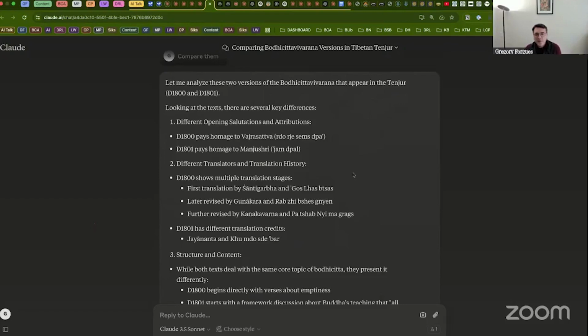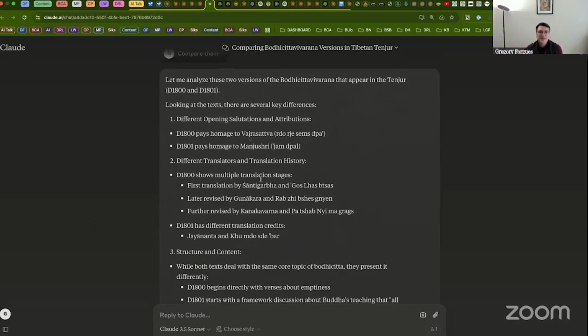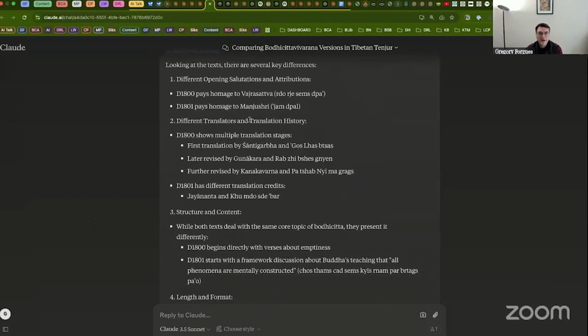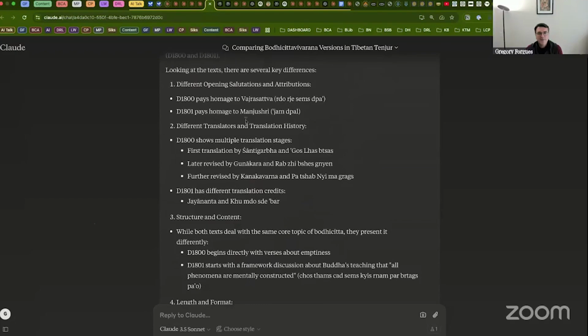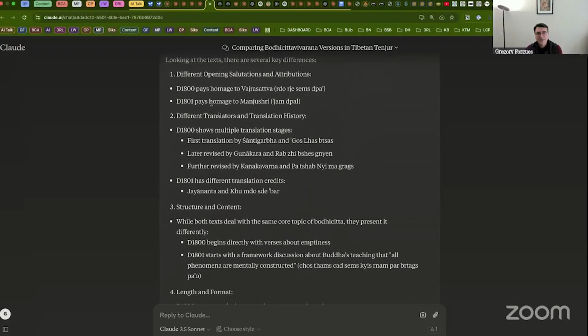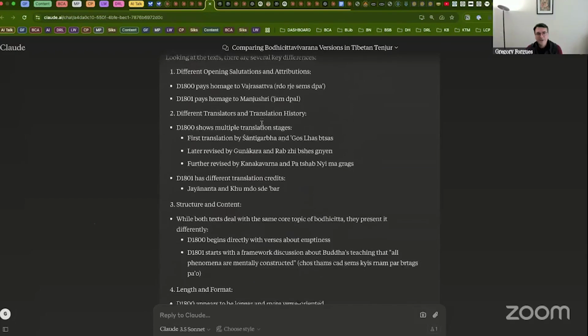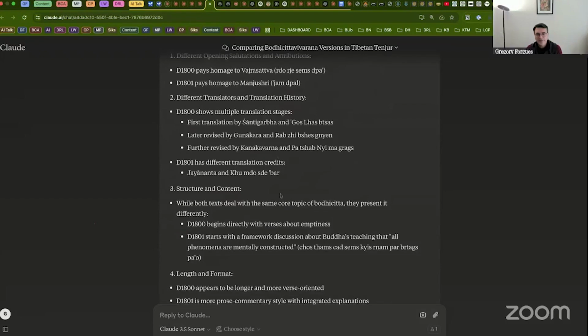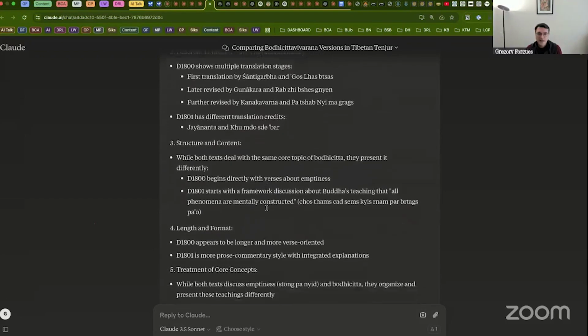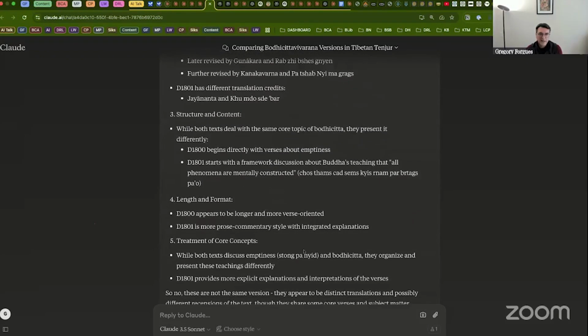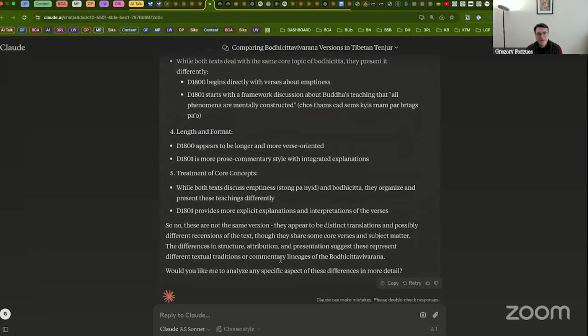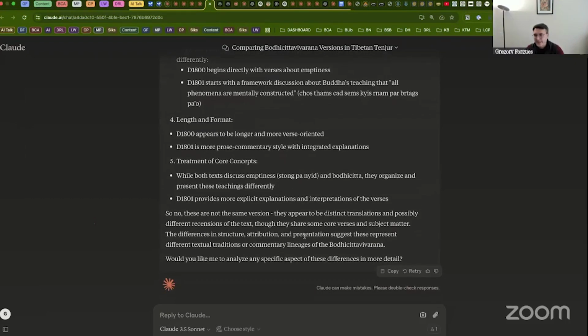So a very important text, and you see here we have very quickly a kind of comparison in terms of the incipit, the image, then the translators, the column, looking at the content as well, the structure of the text, the outline, right? And clearly you can see in a second that you're dealing with two different texts, and I leave it at that right now.